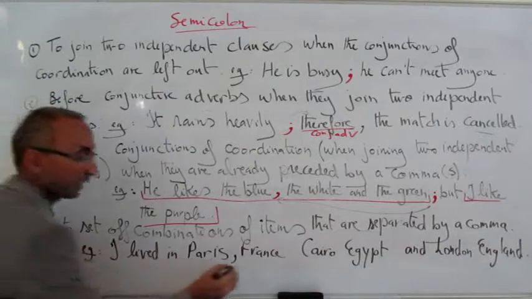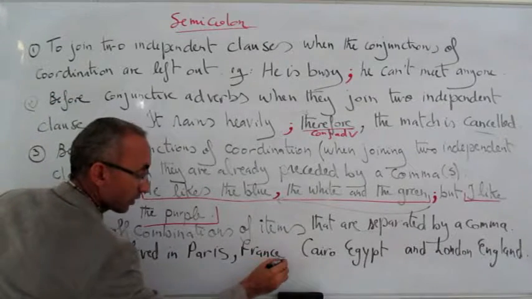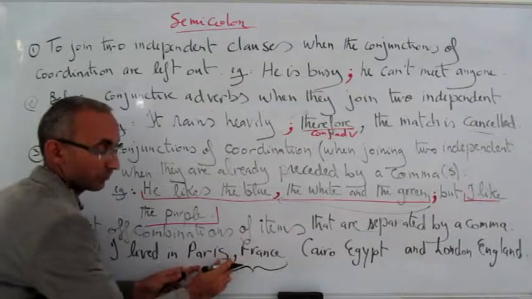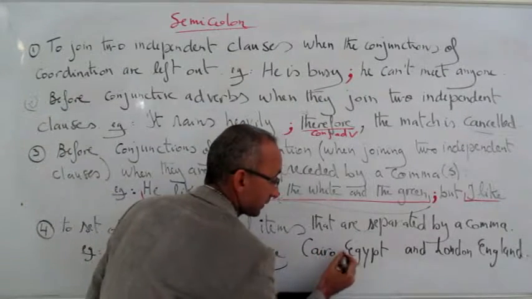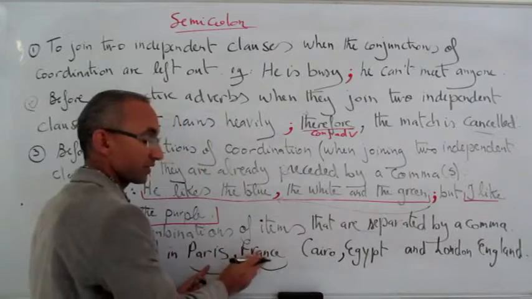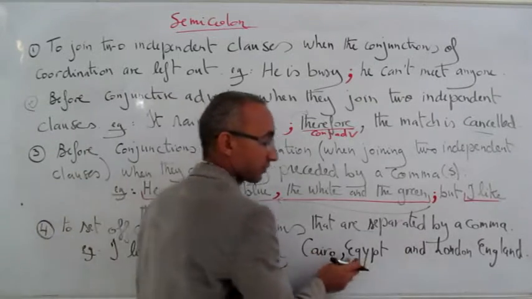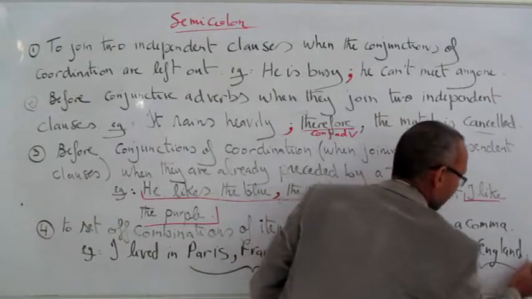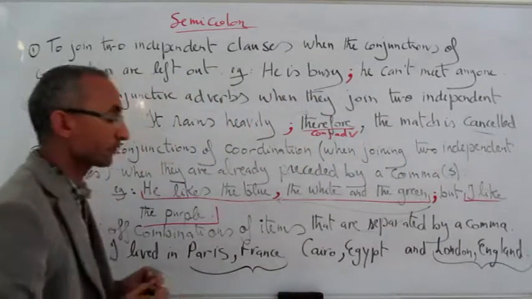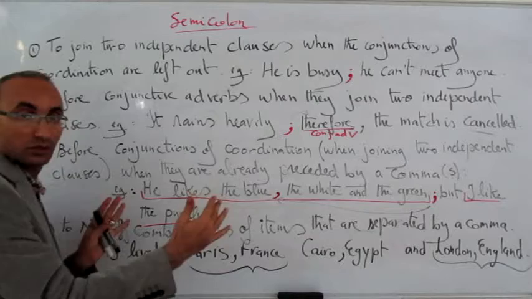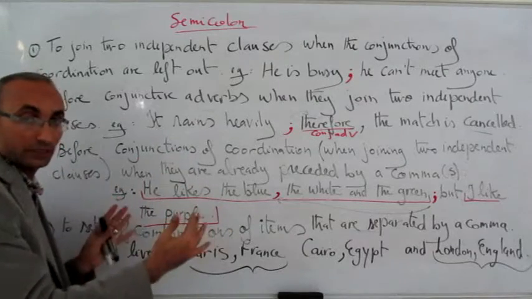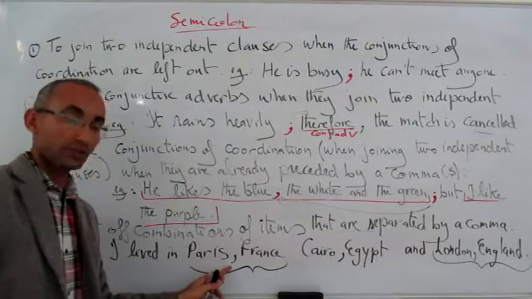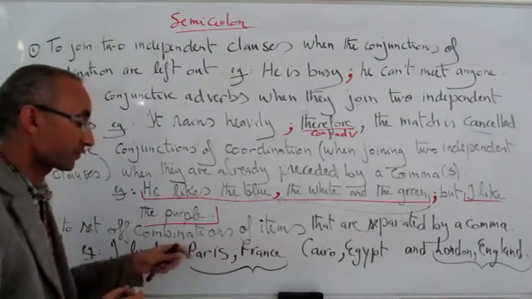Here I have my combinations of items which are set off by commas. Already commas here, also a comma here, between the capital and the country. Here also another combination. So in order to differentiate these blocks and distinguish them from the commas, I must use a semicolon instead of the comma.